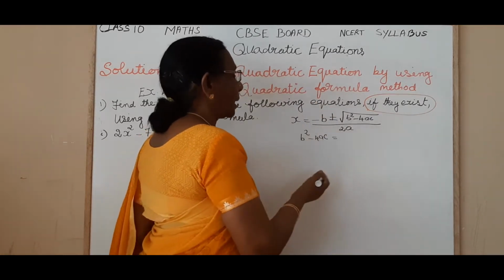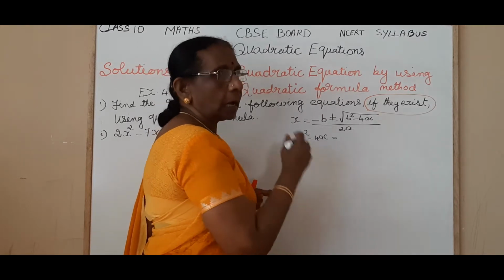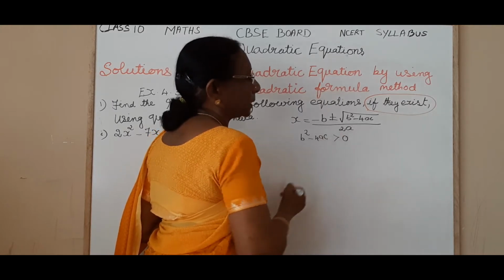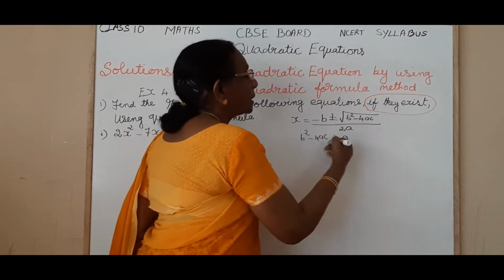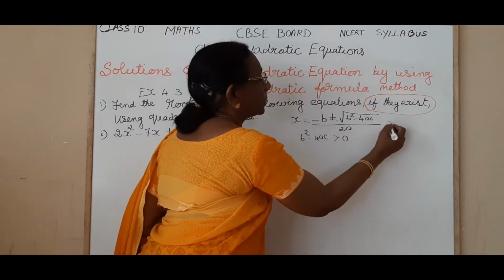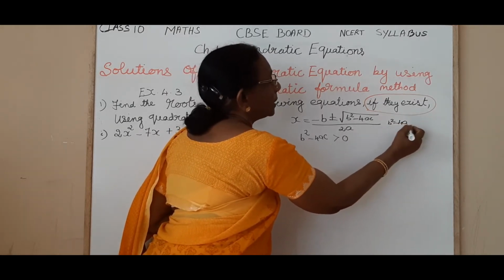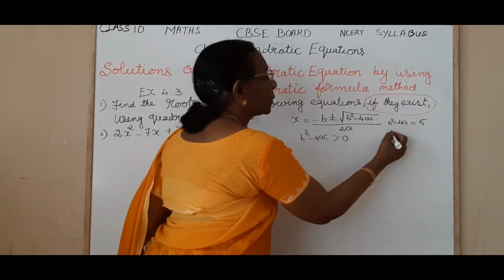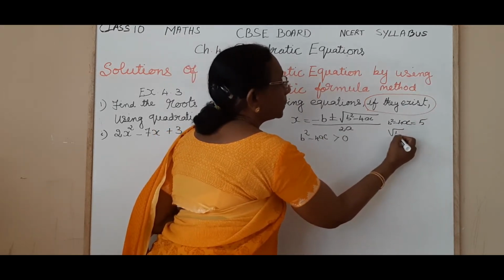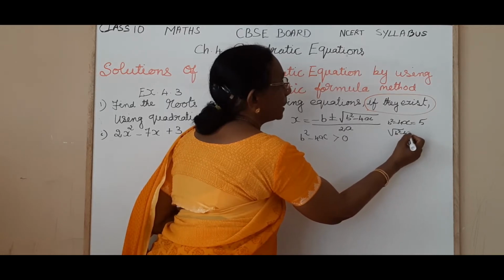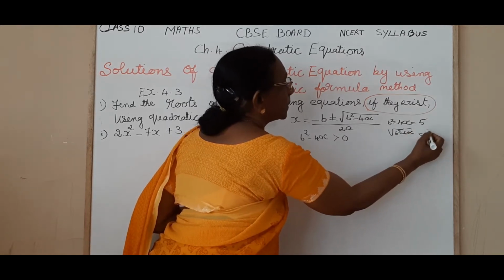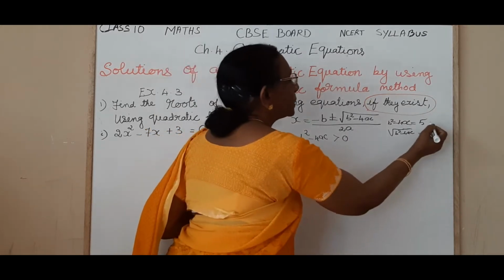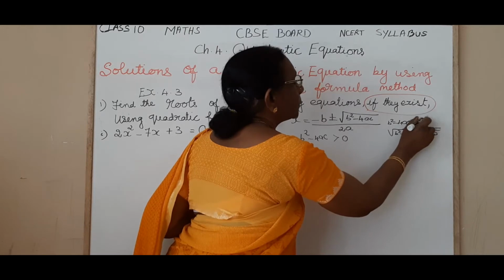So when you are calculating this, you may get a positive value, that is, greater than 0. Suppose you get b squared minus 4ac is equal to 5. So what will you get? Root of b squared minus 4ac will be root of 5. Suppose, instead of 5, you get 4.